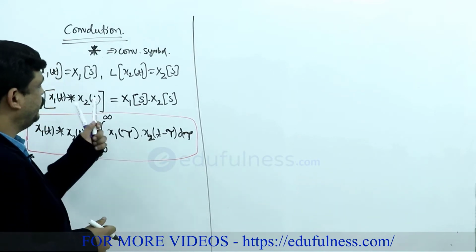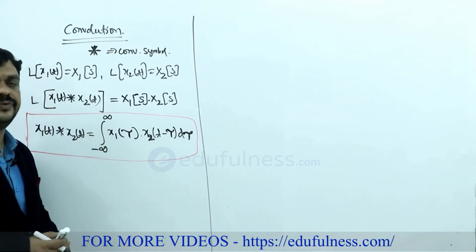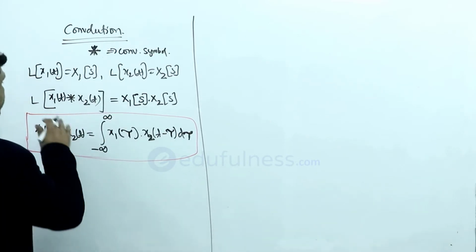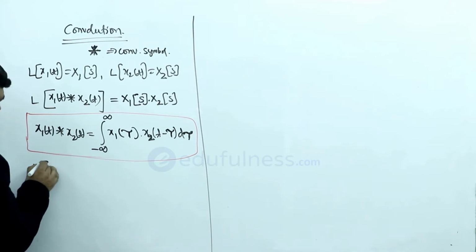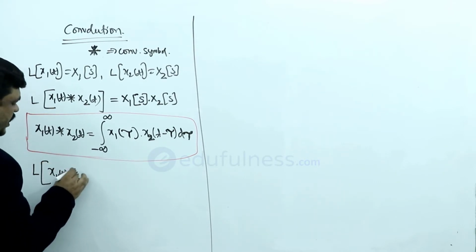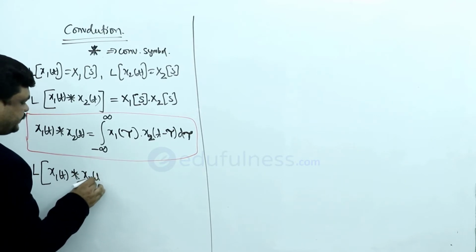Now, we have to prove this statement, that is, prove this property from the Laplace transform. For that purpose, first of all, I am taking the LHS. LHS is the Laplace transform of x1 of t convolution with x2 of t.